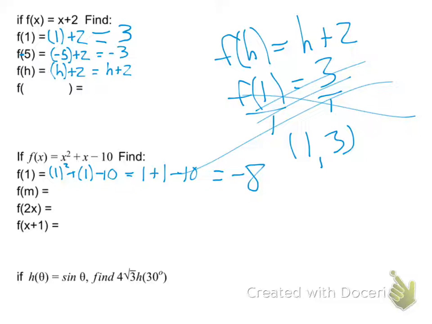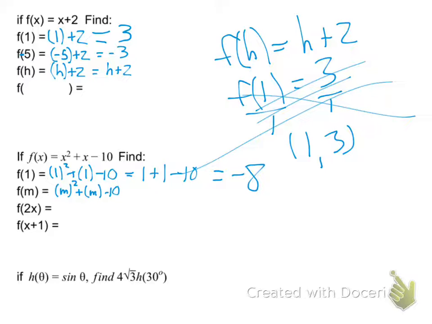And if I put m in, just like before when I put h in, it becomes m squared plus m minus 10. Now this, guys, be careful. What if I would have made that a negative m? It would have been a negative of m squared, which actually turns into a positive m squared, right?